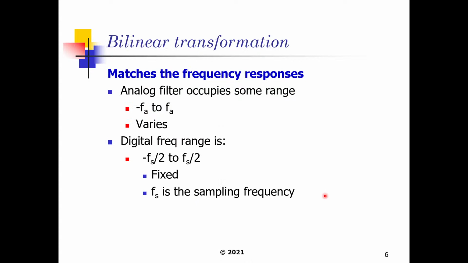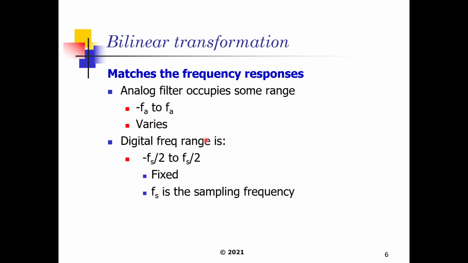In doing the bilinear transform, like I mentioned before, this matches the frequency response. What we need to analyze is the key differences between the analog filter and the digital filter representations. In the analog filter, we go from -FA to FA, which represents our analog filter frequency range, and this can vary depending on the design.